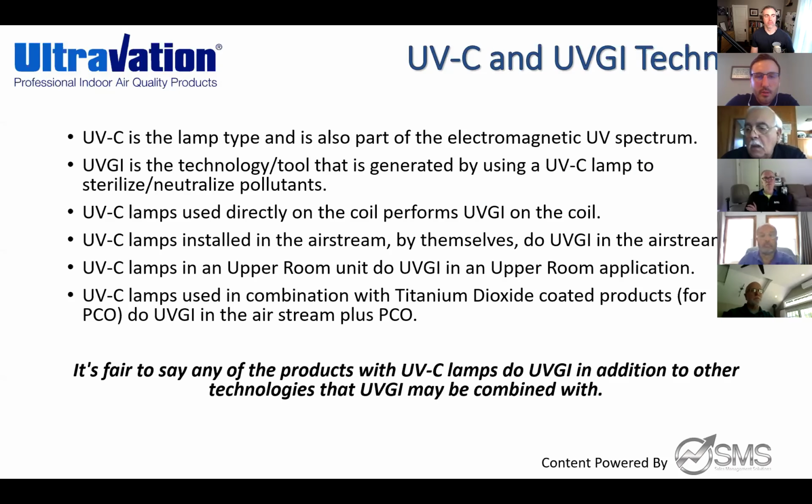UVC lamps used directly on the coils perform UVGI on the coil. UVC lamps installed in the airstream by themselves do UVGI in the airstream. UVC lamps in an upper room unit do UVGI in an upper room application. For example, the UV Matrix FS series is considered an upper room application.